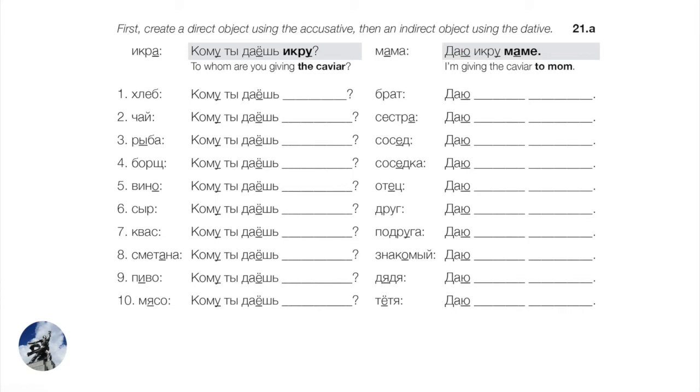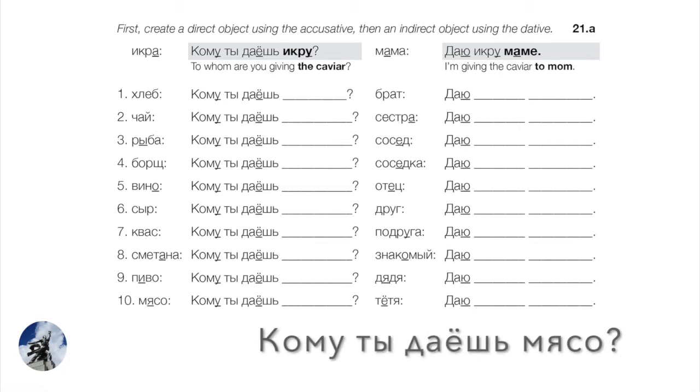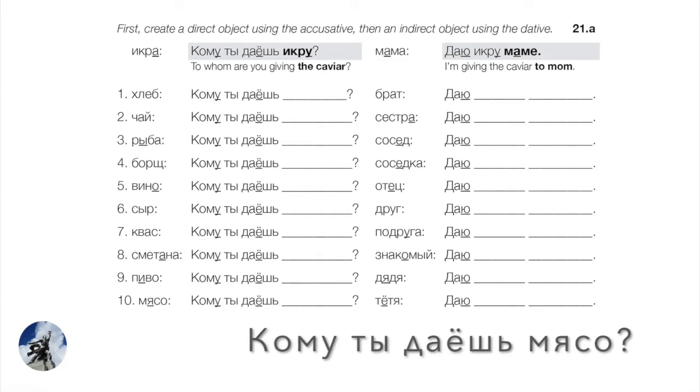One reason we're using the word order that we are is that, remember, what's most interesting or what's new in a sentence is usually saved for the end, right? Whatever word comes at the end of the sentence in Russian usually is given special emphasis. So if we ask a question like, to whom are you giving the meat? Well, that question is already mentioning meat, right? So the answer may repeat meat, but that meat is no longer the point of the answer.